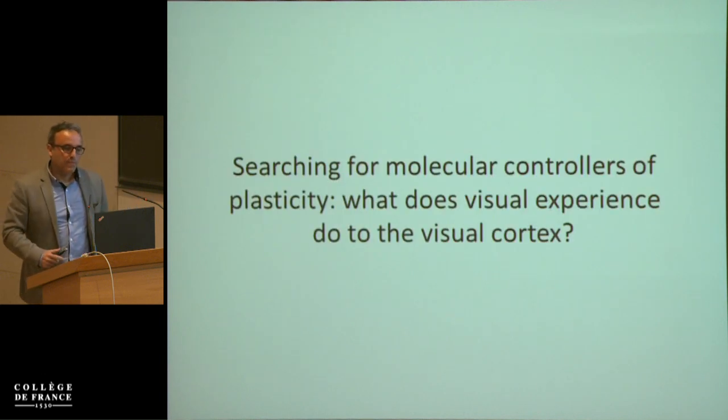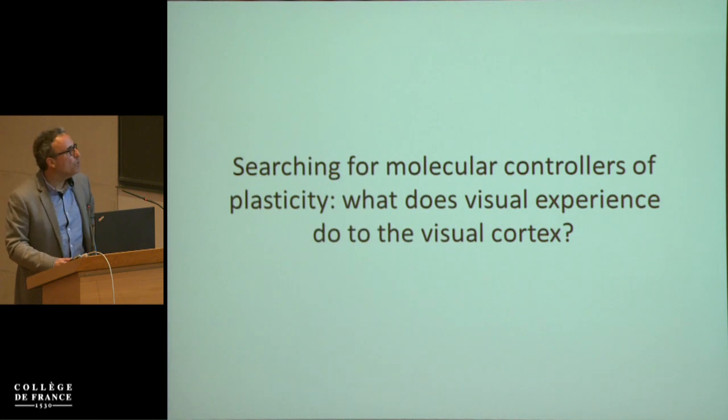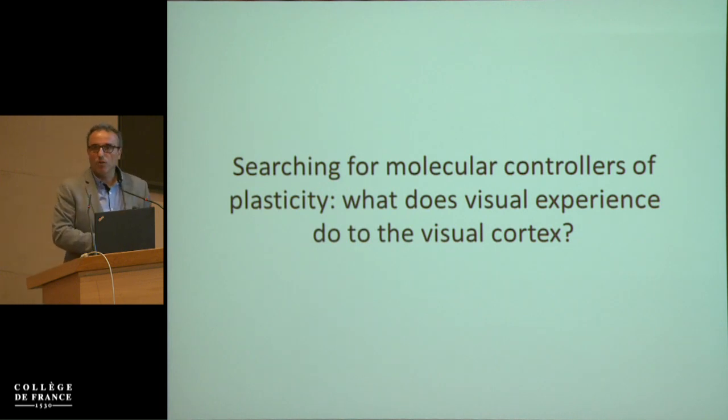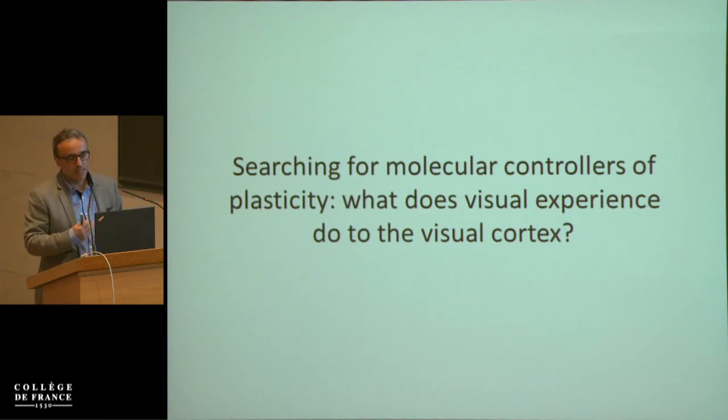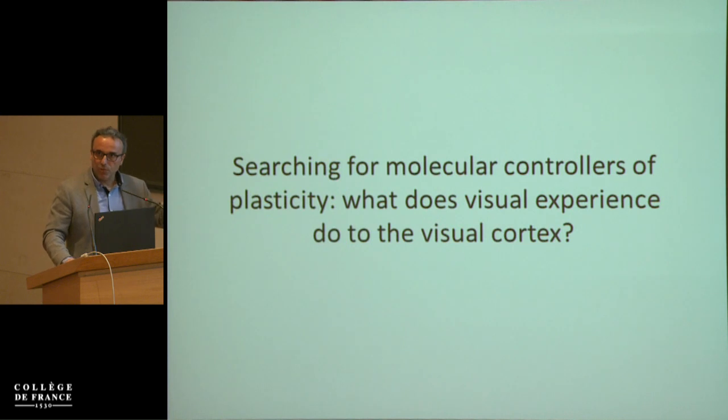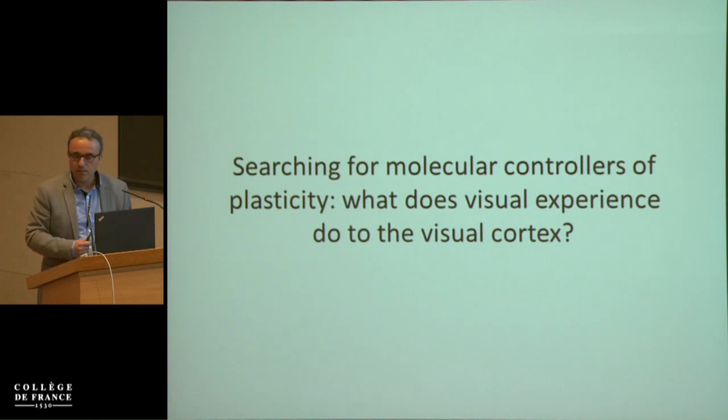Okay, so we use this model of ocular dominance plasticity, as I said at the beginning, to look for molecules controlling plasticity. And for us, this story of the perineuronal net was of course very important, but we try to know more, to have more candidates.